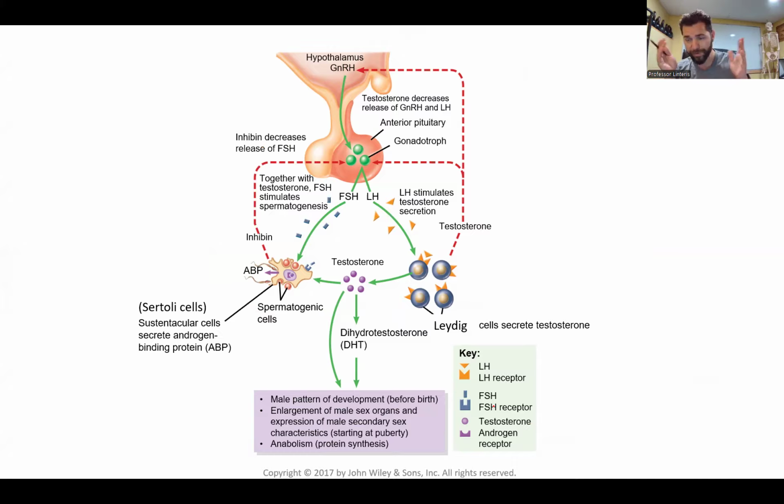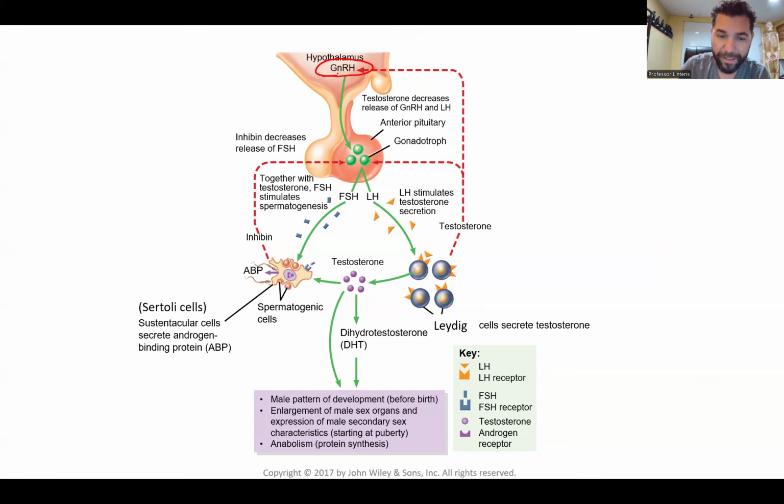So this is the hormonal regulation of the male. A little bit less complicated. We do not have necessarily an ovulatory cycle monthly. We pretty much just have a consistent production of sperm post-puberty. So what happens, right? From the hypothalamus, we release something called GnRH.